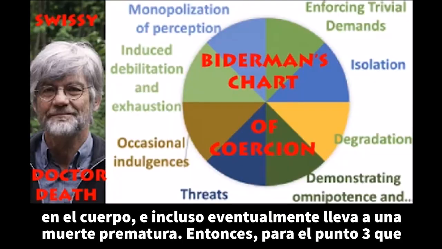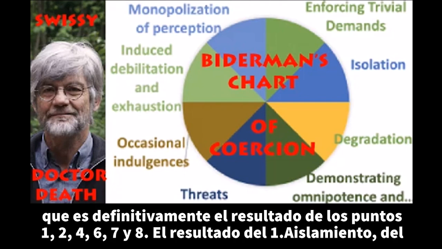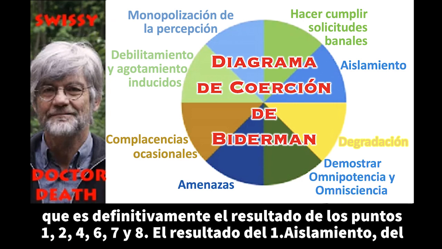So for point 3, which we can see here, induced debilitation and exhaustion, we might also read psychosomatic terror, which is definitely a result of points 1, 2, 4, 6, 7, and 8.